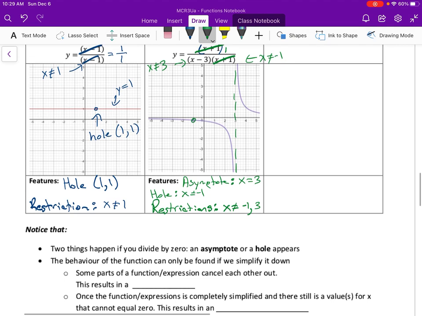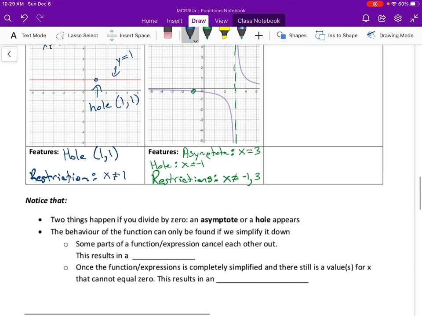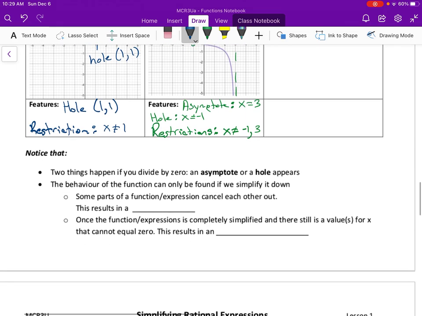So just some ideas to match up to what we're doing when we simplify, but also to what it's creating graphically and why we have to state those restrictions. To summarize, two things happen if you divide by 0. You get either an asymptote or a hole. That's always going to be the case. The behavior of the function can only be found if we simplify it down, i.e. we have to factor and then divide.